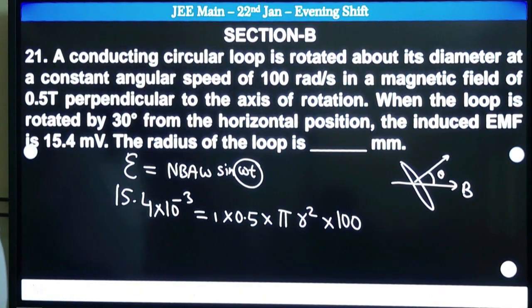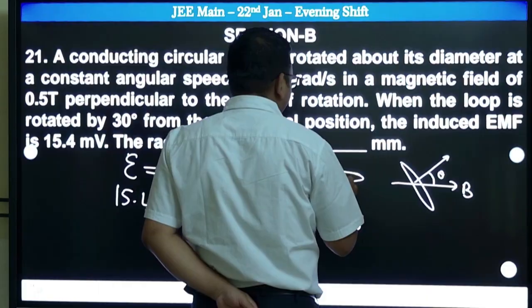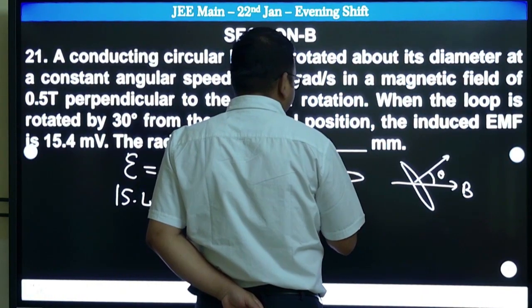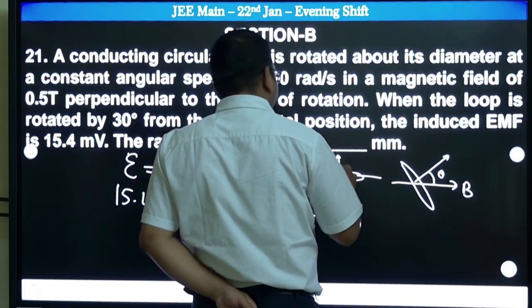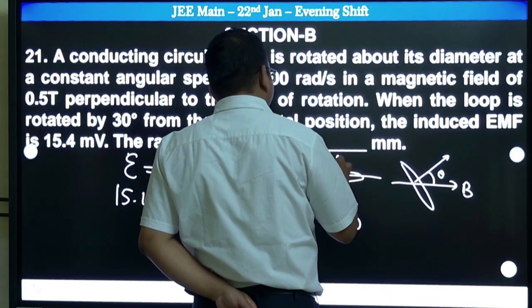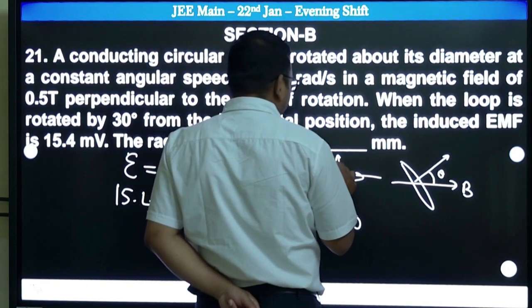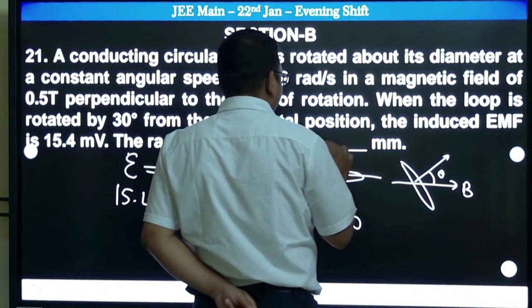So the question is, when the loop is rotated by 30 degree from the horizontal position, that means initially it was like this. So initially it was making like this. Okay, so now it has rotated like this. So now it may go 30 degree this way, correct? 30 degree it will be going like this.